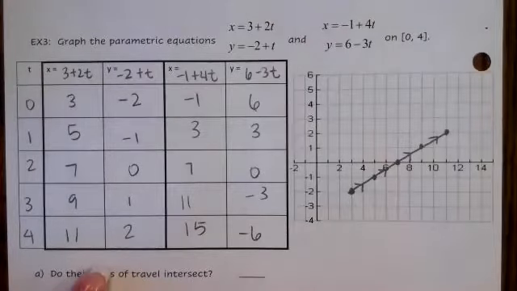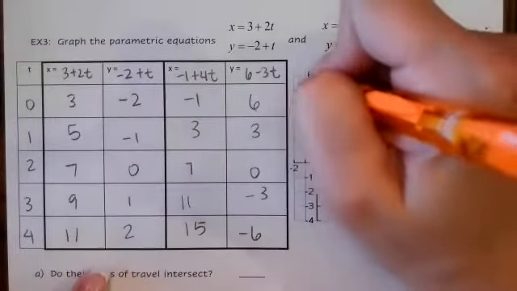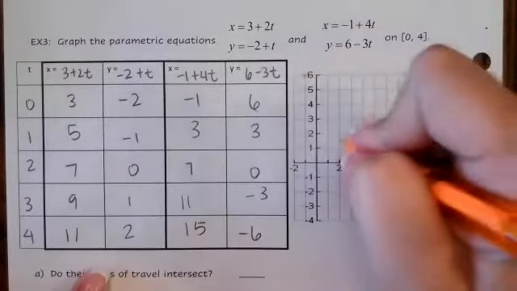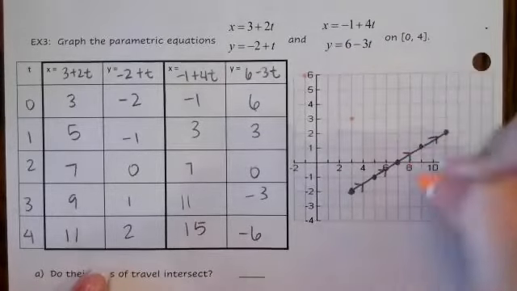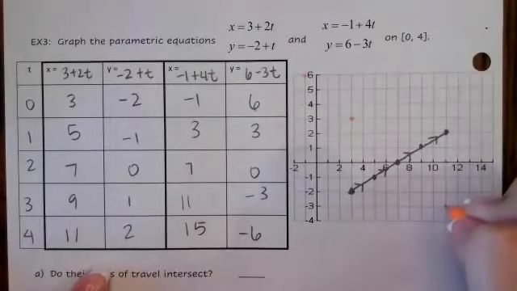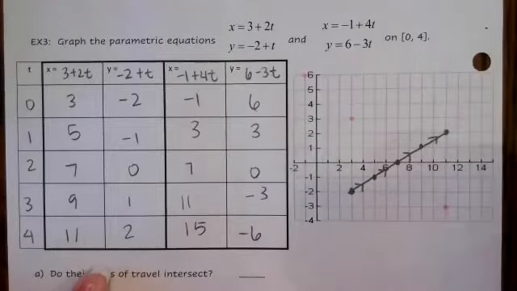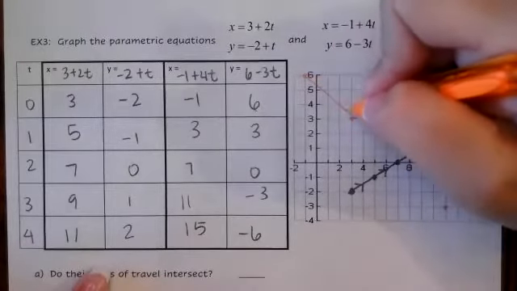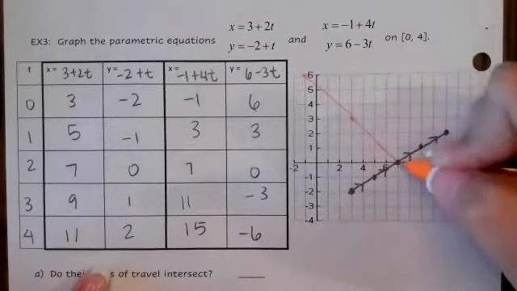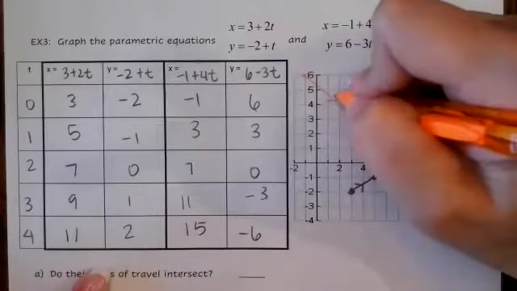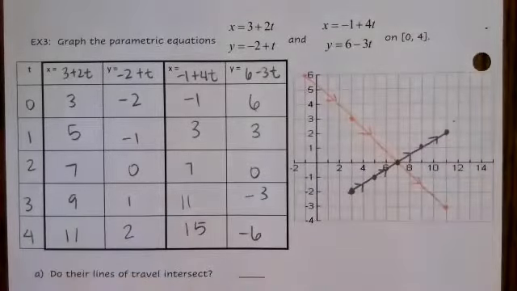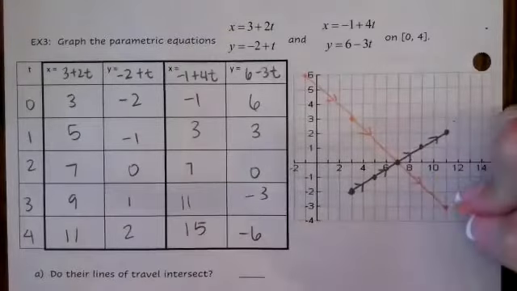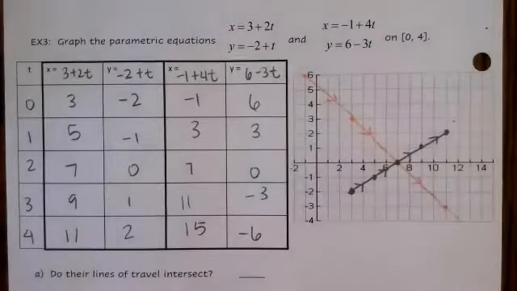And then I'm going to start with my second one, and it starts at -1, 6, 3, 3, 7, 0, 11, -3, and 15, -6 is off the graph, so I can't really graph that one. This one is headed in this direction here, so my arrows go there. I will actually keep going since that other one is off the graph there.